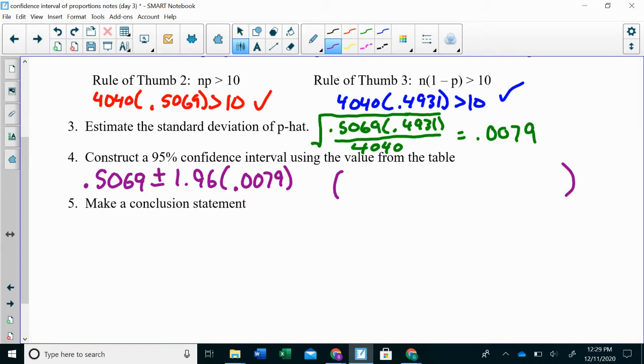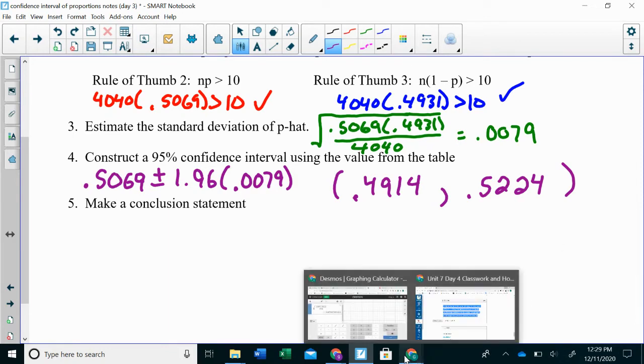And by doing this arithmetic, I should create the lower limit number to be 0.4914 and the upper limit number to be 0.5224. Right. So I'm not doing anything special for that. I'm just using Desmos to help me with that arithmetic.